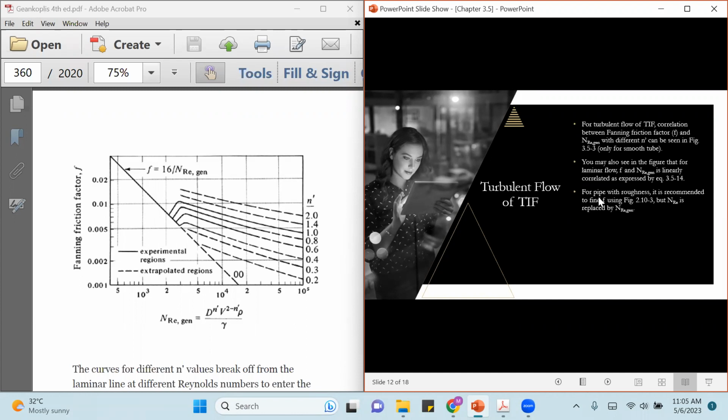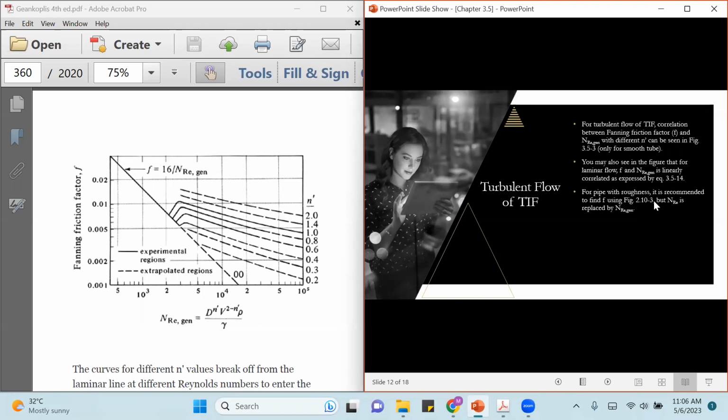For pipe with roughness, so not the smooth tube, it is recommended to find F using figure 2.10-3. But you have to change the NRE with NRE gen.